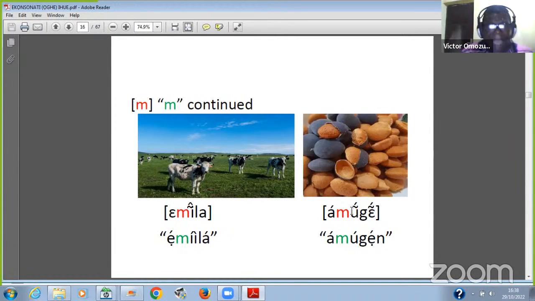So this is another thing that must be taken in. You must know, because every Edo person pronounces it without actually thinking about it. It is only linguists and phonologists who will deduce all these things based on how native speakers actually pronounce them.